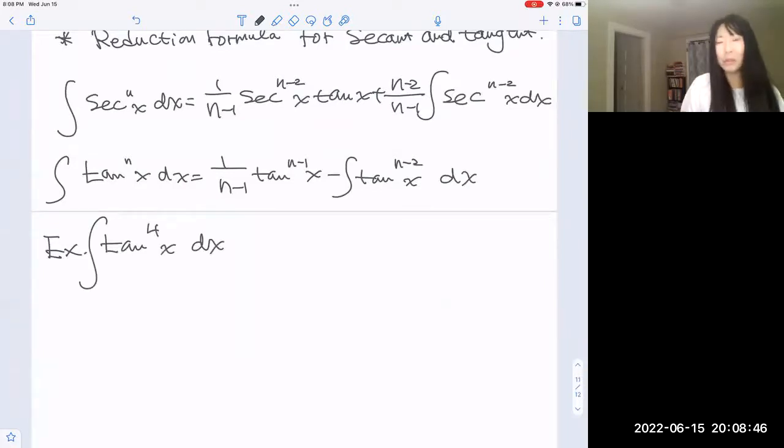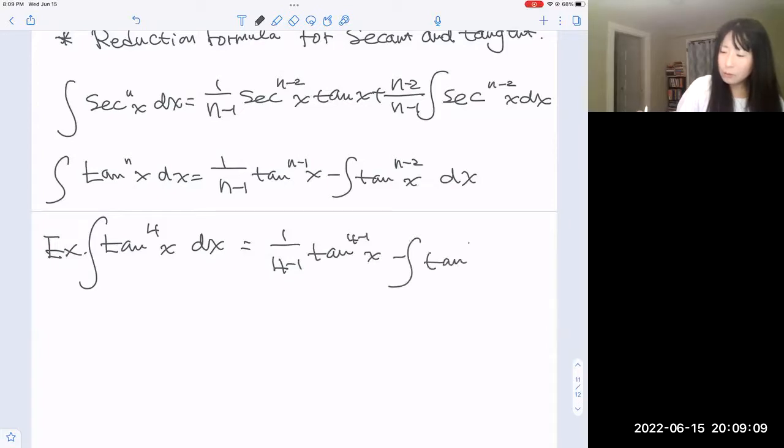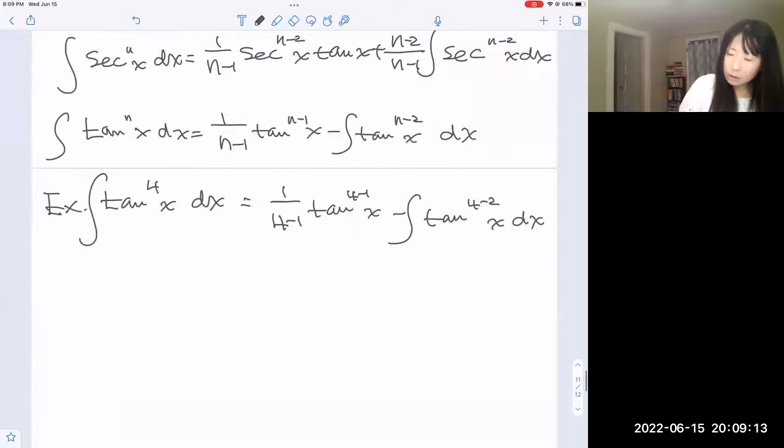All right, so it's all based on the reduction formula. We're implementing the reduction formula into the real case. So we have 1 over 4 minus 1, tan 4 minus 1 x minus tan 4 minus 2 x dx.